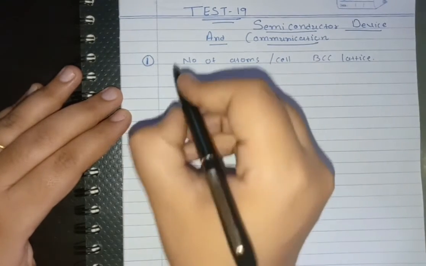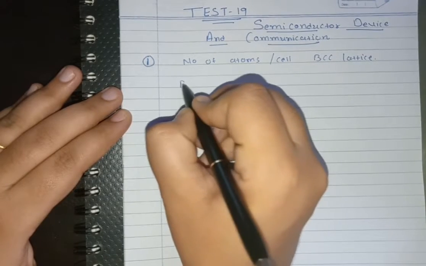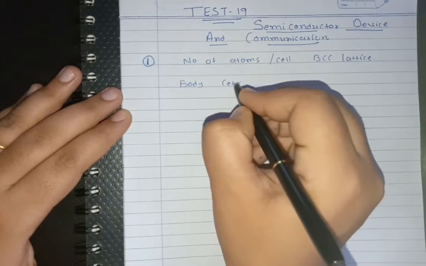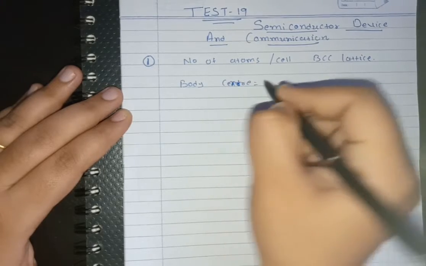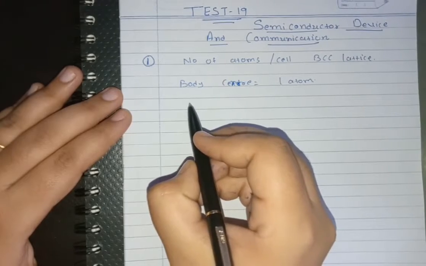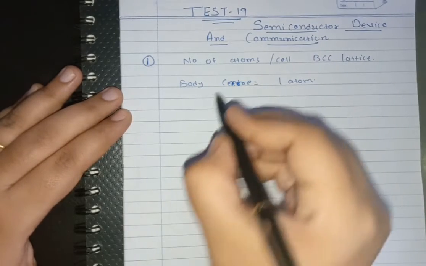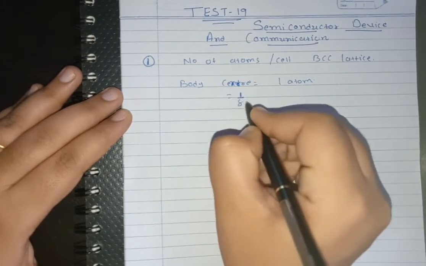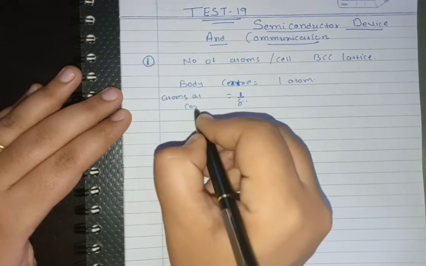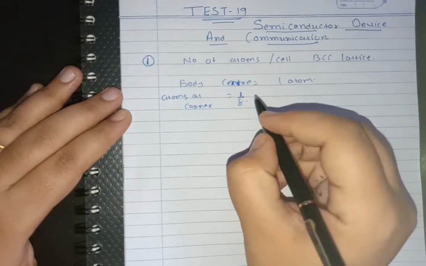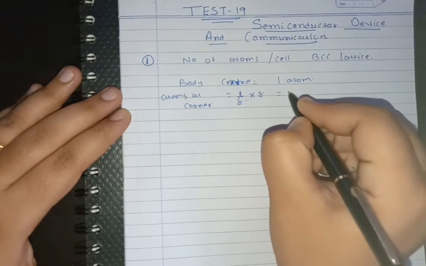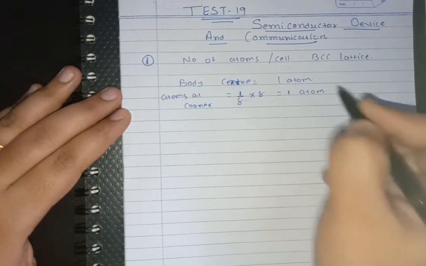Here, one atom will be at body center, and the contribution of atoms at corners will be 1 by 8, and there are 8 corners in a cube, so multiply by 8, that will be total 1 atom.